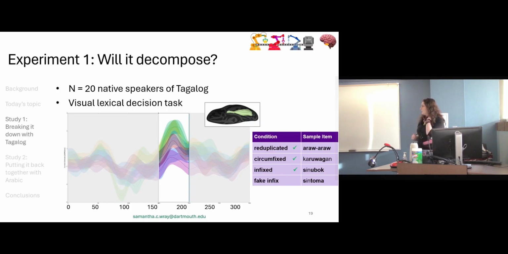Circumfix words were also decomposed. Infix words also decomposed, great. But what shocked us is that fake infixed words, like winter, were also decomposed. So even though stoma is not a potential viable stem in Tagalog, Tagalog readers automatically decompose this.